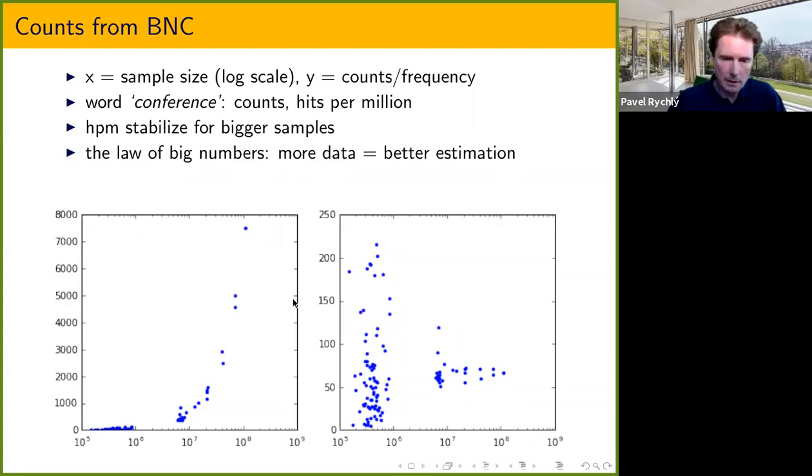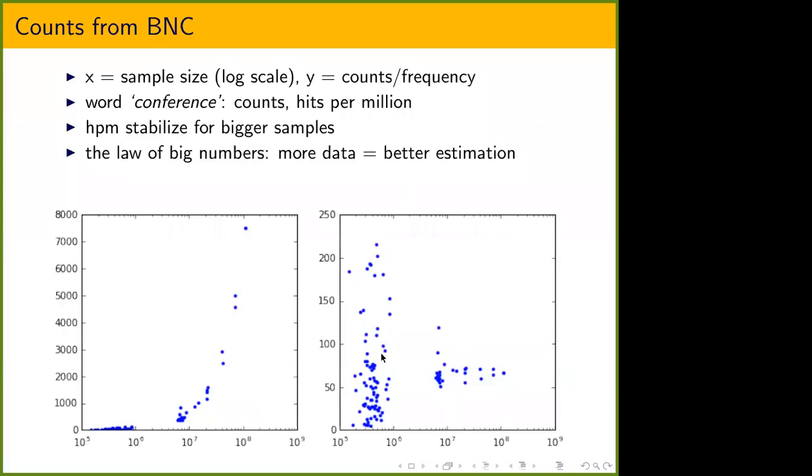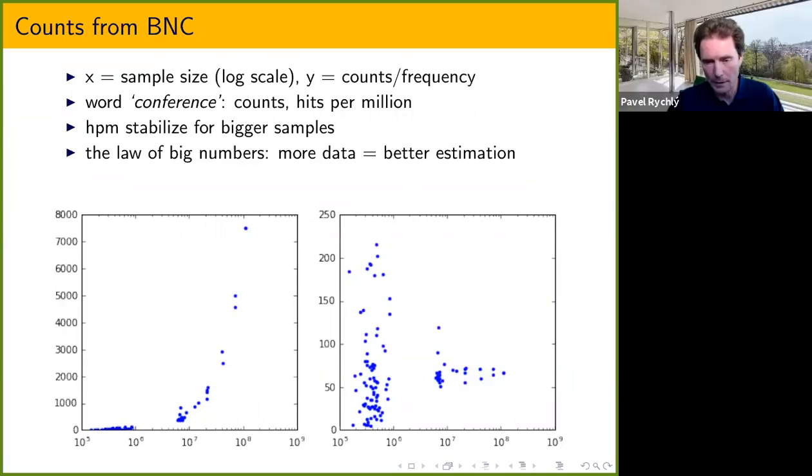So the first part is just the counts, and the second part is the hits per million for the word conference. We see that we get much bigger numbers for much bigger data for counts, and for hits per million, for small samples the variance is quite big.